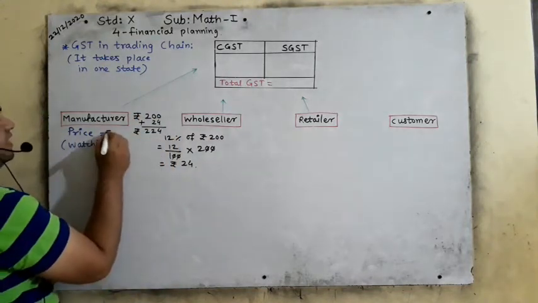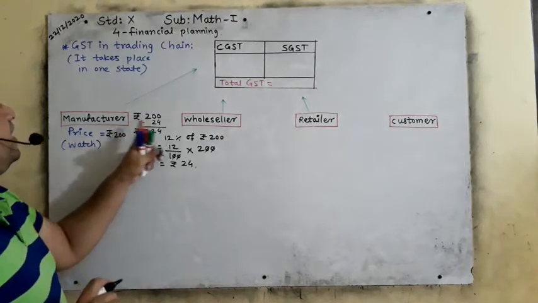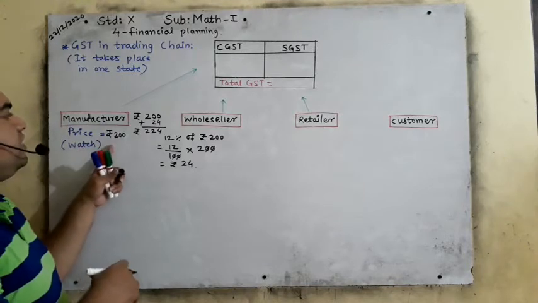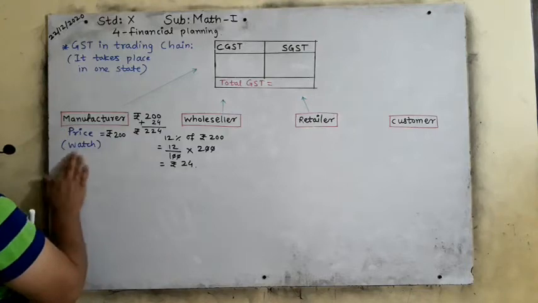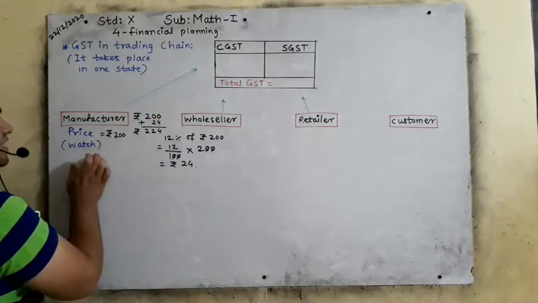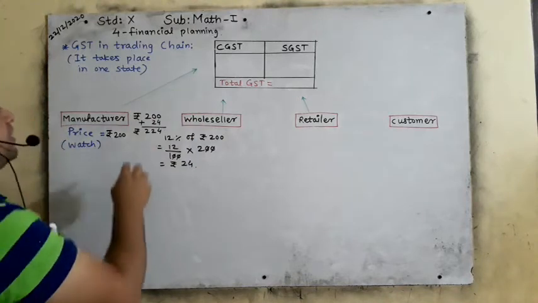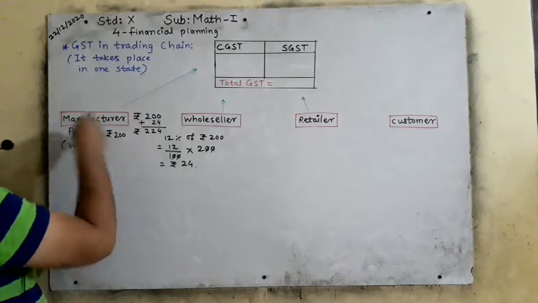He has decided to sell this watch for 200 rupees, including his profit and including whatever raw material he used to manufacture the watch. But the wholesaler has to pay 12% GST to the manufacturer.